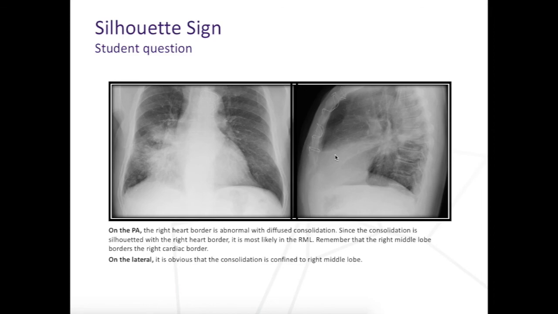And you can see there that the right diaphragm isn't as indifferent to the left. And so because of that, we know that it must be the right middle lobe, because if it was the right lower lobe, that diaphragm wouldn't be visible to us. And hopefully you can appreciate that nice triangular shape as well.